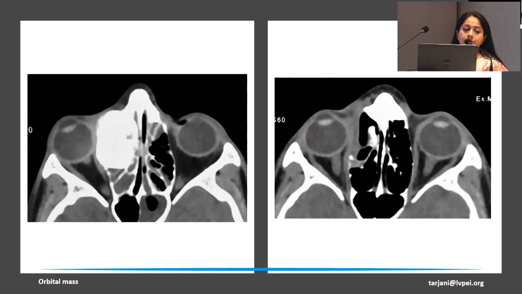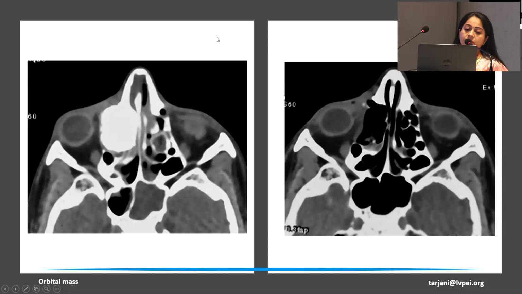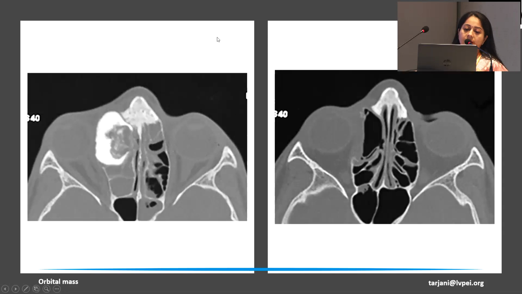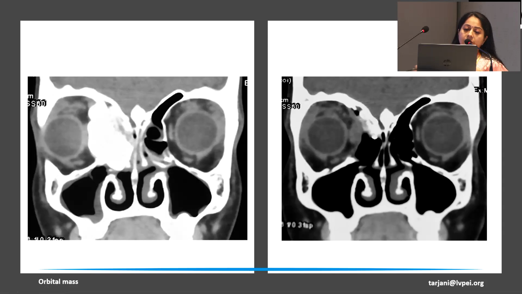This is him pre and post surgery, and I've used, like I mentioned, an absorbable implant, which is generally radiolucent on post-operative imaging, and that's the location where the implant was placed, and I was able to remove most of the tumor, like I showed you in the clinical picture as well.